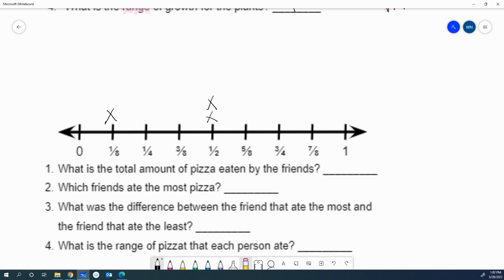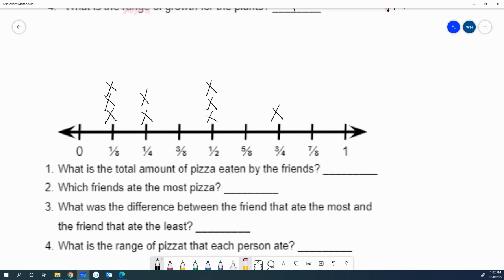Carlos ate 1/8. And James ate 1/4. Mark ate 1/8. Everybody ate 1/8, my goodness. And Susie ate 1/2. Amy ate 3/4. Well, Arnold ate 1/4.